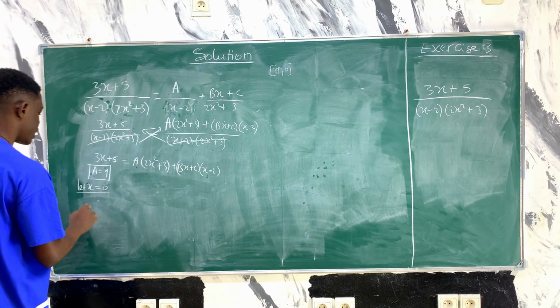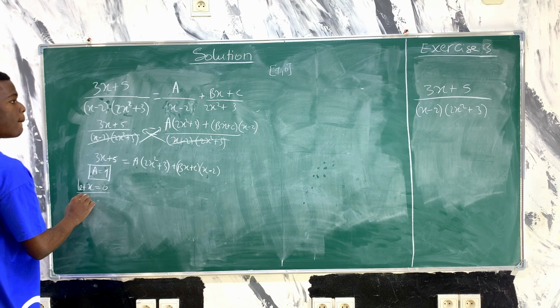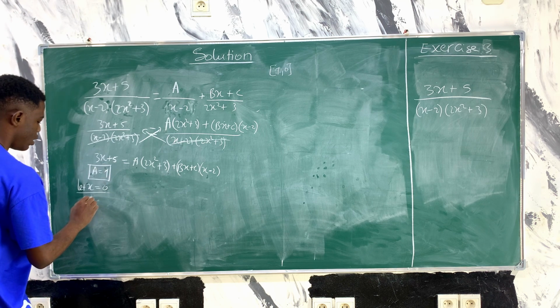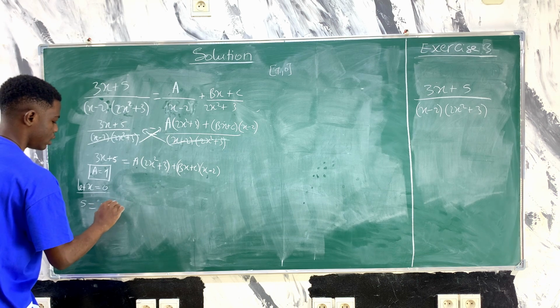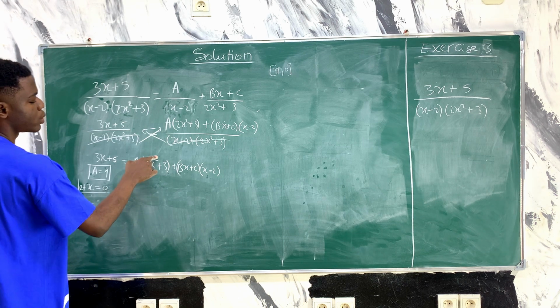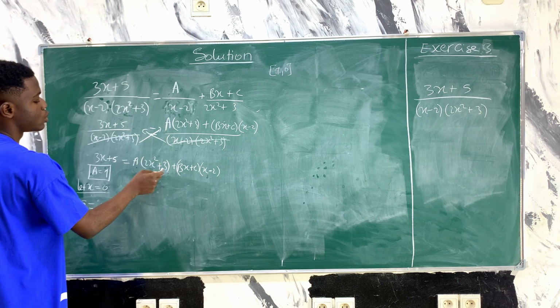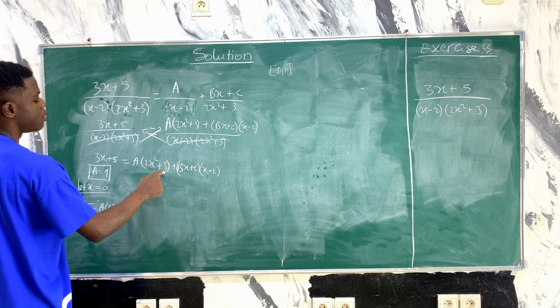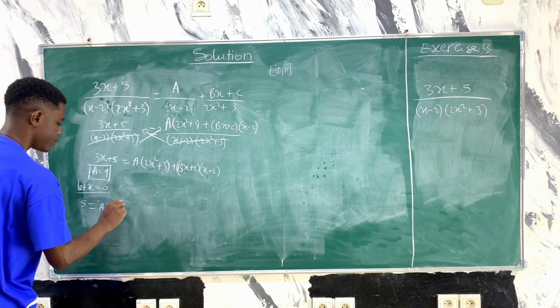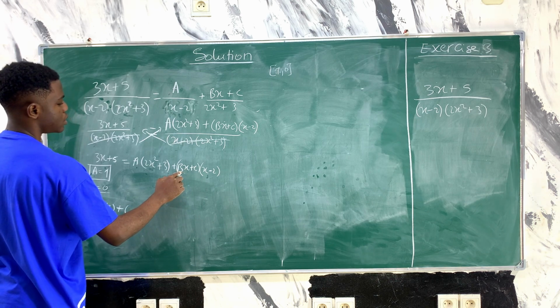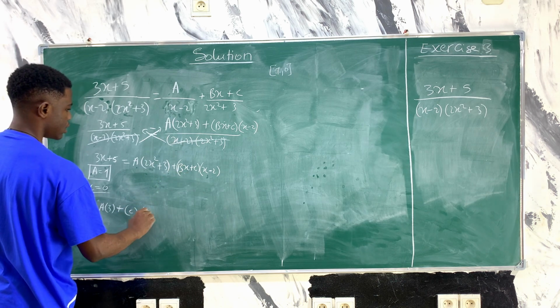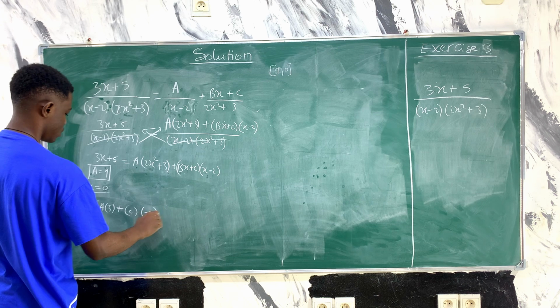When I let x to be 0, I can see that I replace 0 here. I'll have 5 is equal to a into 3 because this is 0. 0 squared is 0. 0 times 2 is 0. So I have 3 left in the bracket. That 3 multiply a plus. I write this bracket. I see that b times 0 is 0. I write my c inside. And I write 0 minus 2 is minus 2.